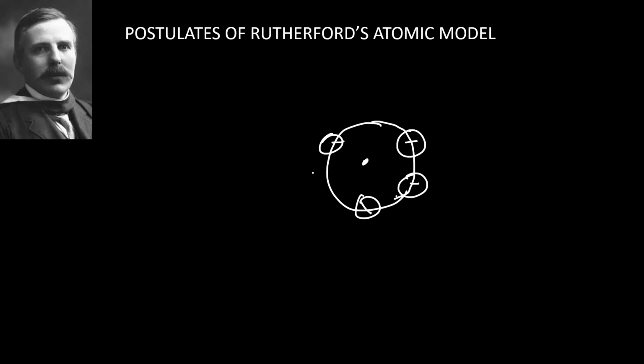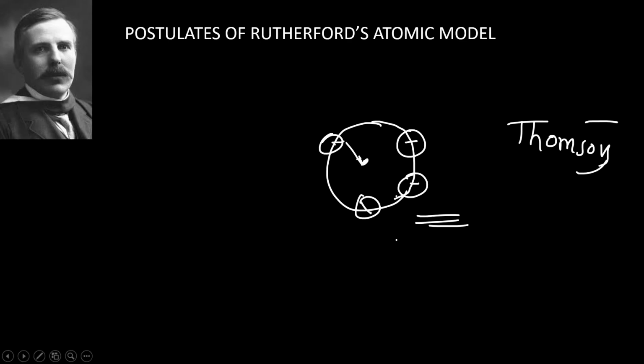Friends, if we consider that electrons are not revolving and are stationary, then they will get attracted towards each other, and this will be like Thomson's model, and the atom will not be stable.